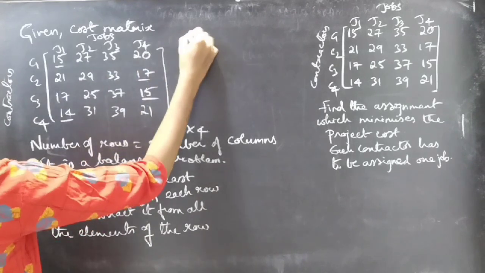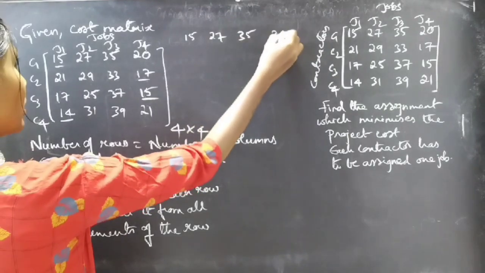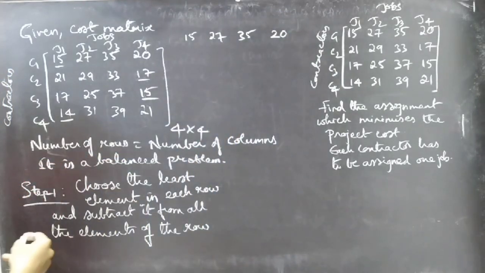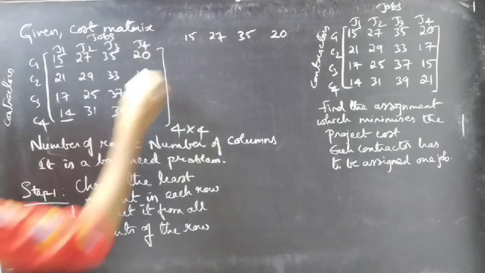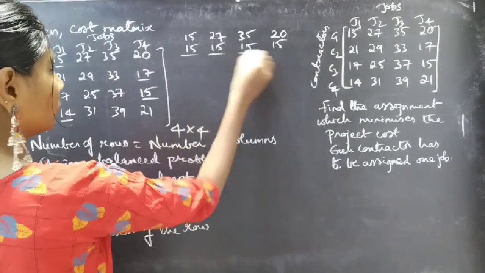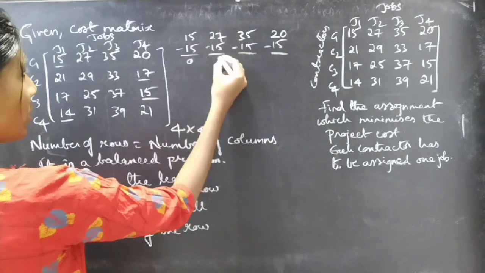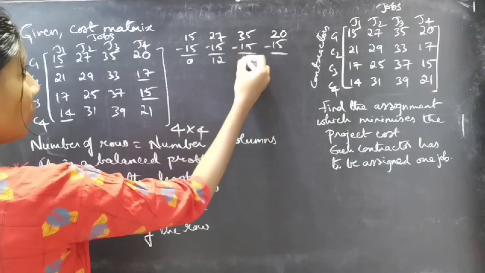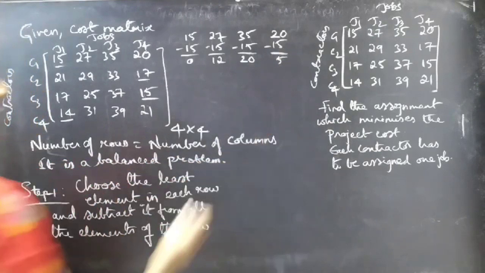Okay, so I'll consider the first row: 15, 27, 35, 20. Right? We need to subtract all these elements, what I mean is we need to subtract this least element 15 from all these elements. 15 minus 15 is 0, 27 minus 15 is 12, 35 minus 15 is 20, 20 minus 15 is 5.